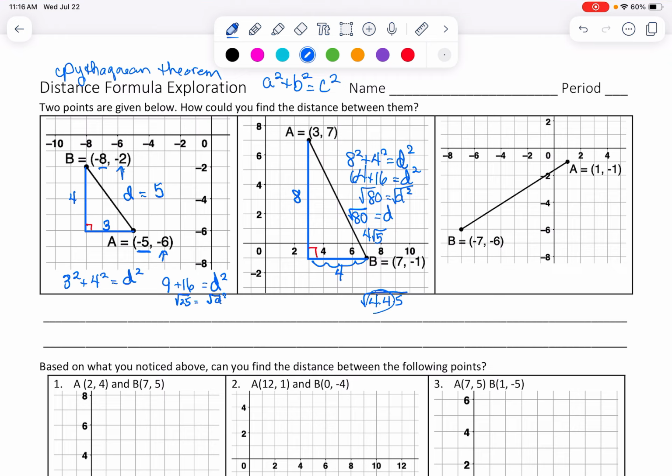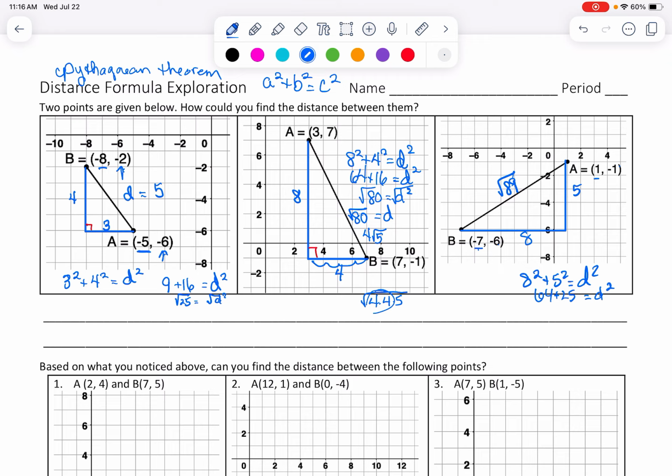All right, and then same idea. From -7 to +1 is a total of 8 units. And then from -6 to a -1 is a distance of 5 units. And 8 squared and 5 squared gets me d squared. 64 and 25, so square root of 89. So how can we find the distance between them?